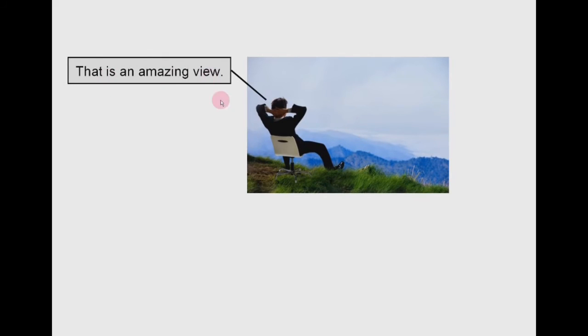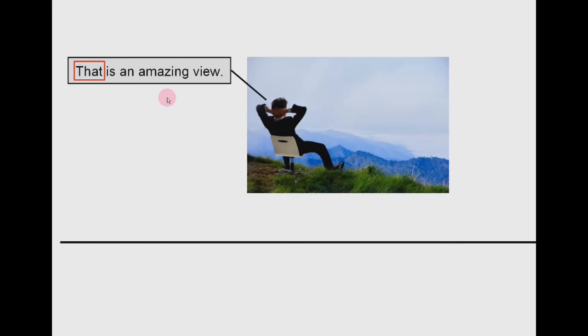That is an amazing view. So here we are using the word that, and this is an expression, that is. And this is for single objects or people in the singular, which are far from us.